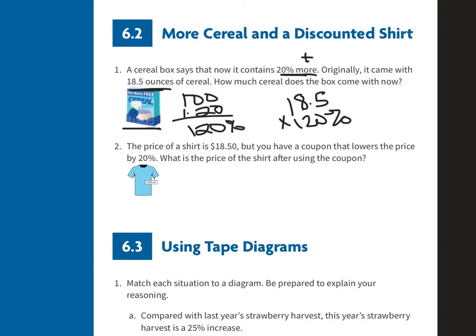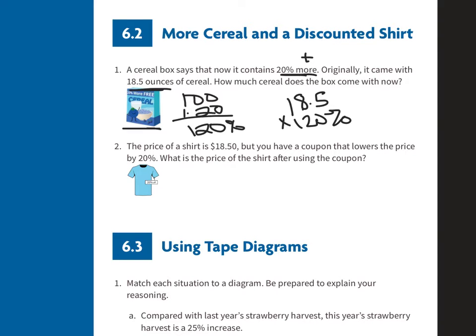So in my calculator, I could just go 18.5 times 120 and then put the percent button after, okay? The percent button is above the 8. There's a parentheses there, and then above the parentheses in the space is the percent. So to get there, I have to use the second button on the calculator. So I could go 18.5 times 120% in my calculator.